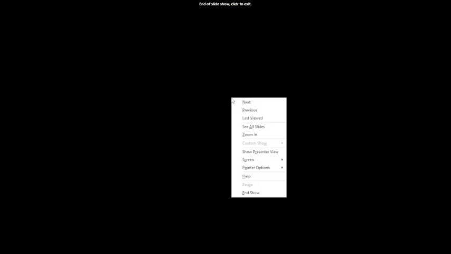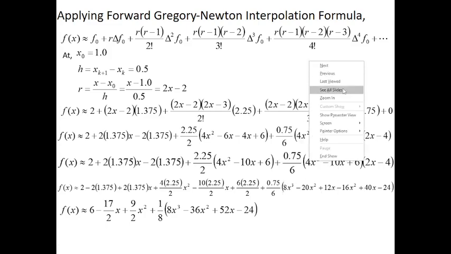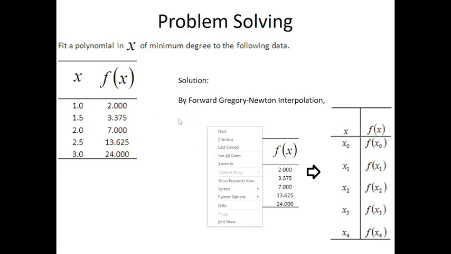So we satisfy the condition. We satisfy the problem: fit a polynomial in x of minimum degree to the following data. It is a third degree polynomial. It's not a fourth degree polynomial because the coefficient of x to the fourth is 0, because the fourth differences of the function are 0. That's why it becomes third degree, based on the computation.